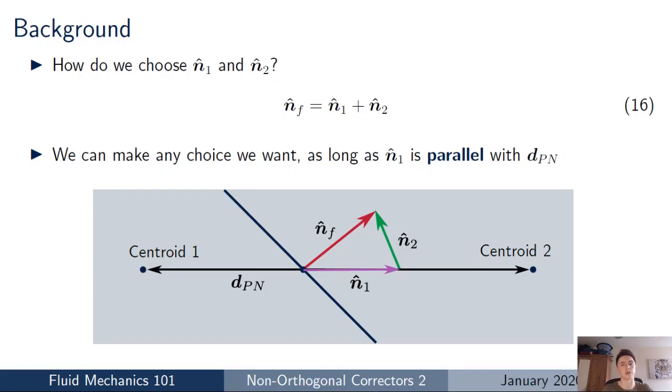That's the unit normal vector pointing directly out of the face, and then n1 is a vector that's going to be parallel with the line that goes between the two centroids across the face. And so actually there are an infinite number of choices we could make, as long as n1 is directly parallel and goes along that line. And I'm going to show you three different choices that are popular and have been proposed by the CFD community.